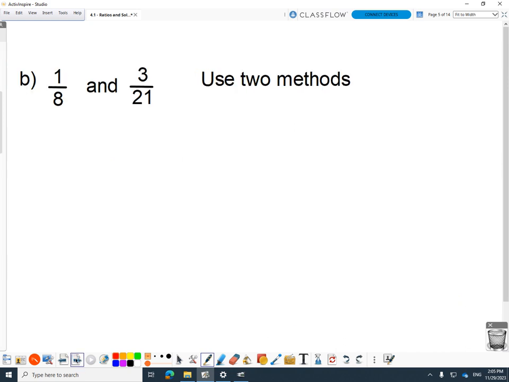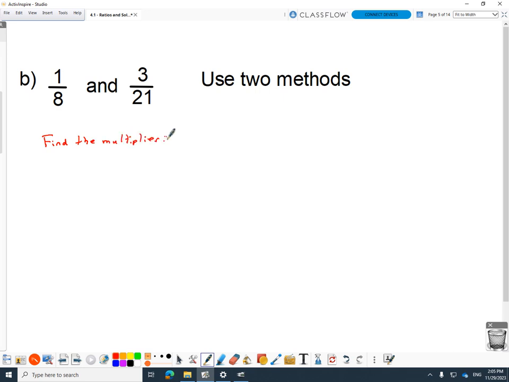Okay, you look back and forth at the methods. What method would you like to try first to see if these are proportional? There's 4 methods there. What's that? Find the multiplier. He wants to find the multiplier. So I'm going to go find the multiplier.